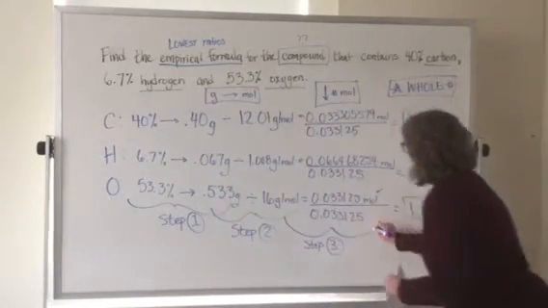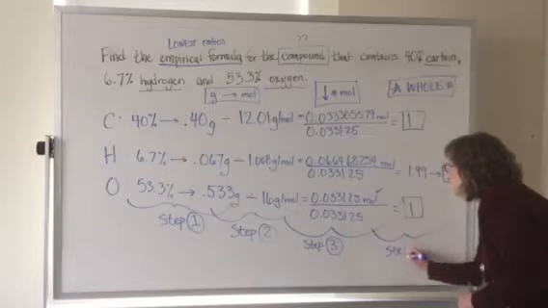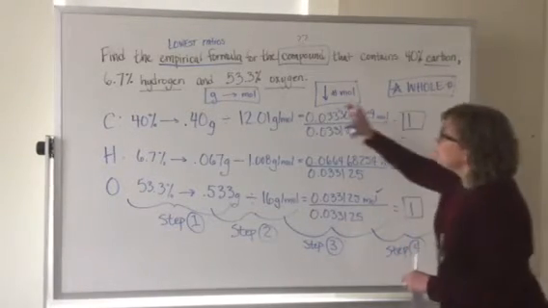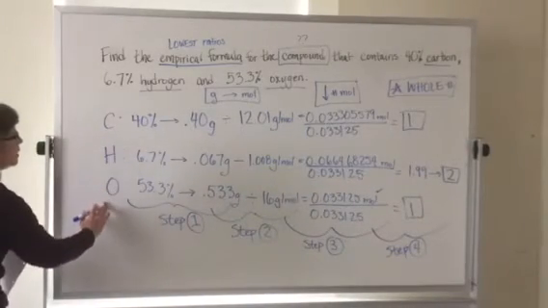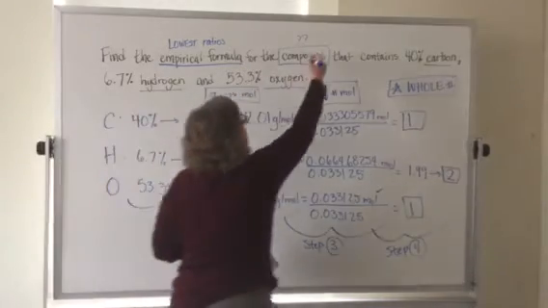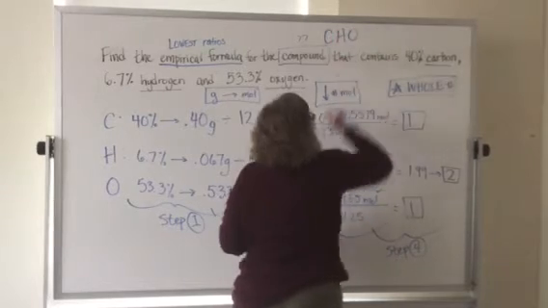And step 4 is to take these whole numbers and come back over here and look at our elements and put them in the same order, C, H, and O. So C, H, and O are the elements that make up this compound.